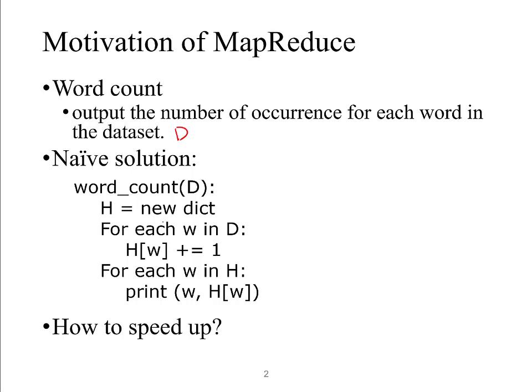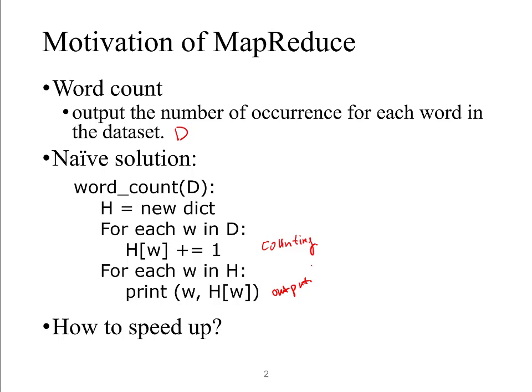We build a new dictionary named H, and for each word W in D, we add 1 to H[W]. This is for counting. And finally for the output, for each W in the dictionary H, we print the word and its frequency. All right, so this is the output.